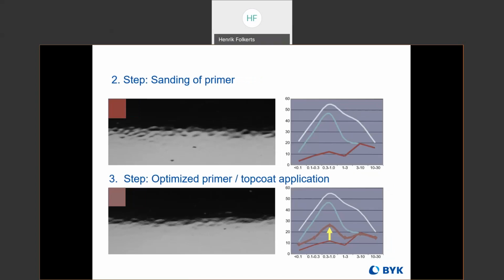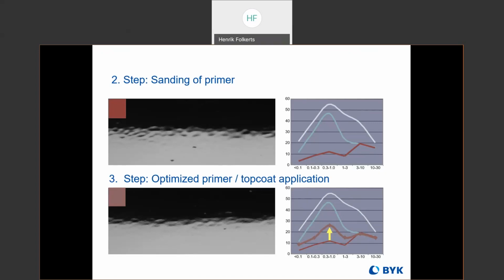Now, obviously, ideally, it would be great if you could eliminate all structure in the surface. That would produce a very, very smooth-looking surface with excellent DOI and zero orange peel, but that's not really practical in a production setting. So what you can control for is the relative amounts of the short wave structures to the long wave structures, because they do sort of cover for each other to a certain extent.